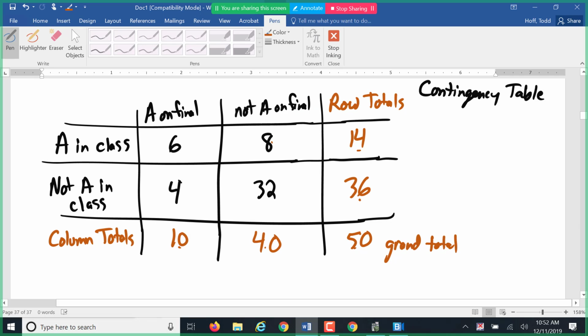Many probabilities that we would calculate from this just involve one of these totals and the grand total.